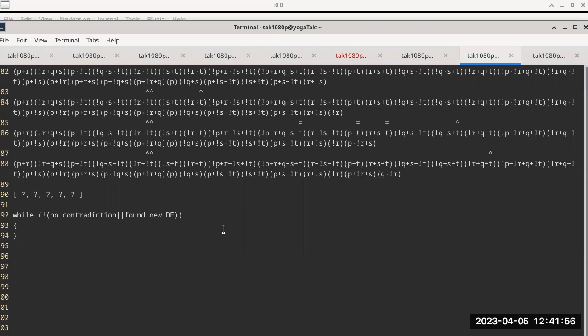Then for each version of P, you have 3 ways to go for Q. For each version of P and Q, you have 3 versions to go for R first, and then S, and then T. So what do you think would be the total number of leaf nodes in this particular tree, assuming it is a symmetric tree, everything has a fan out of 3? 3 to the power of 5, that is correct.